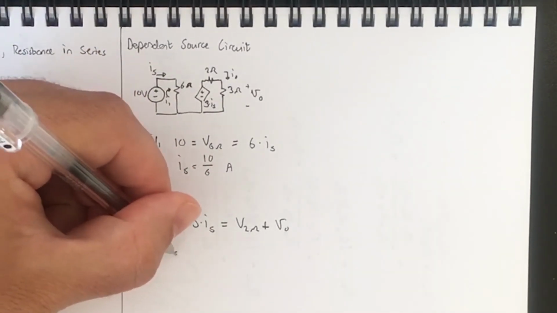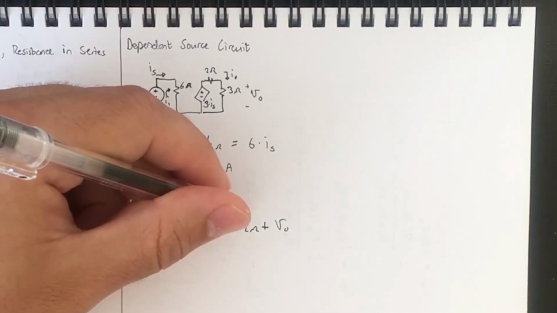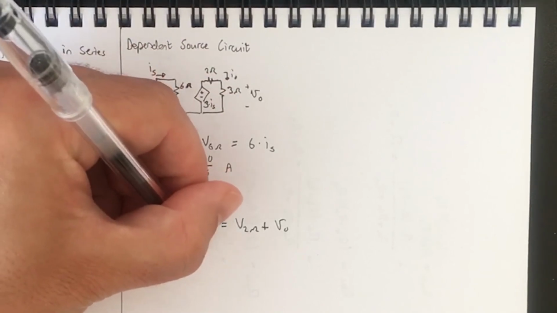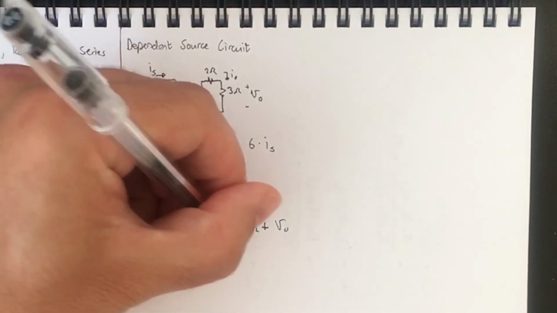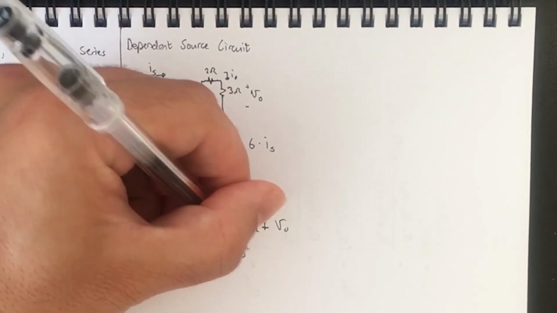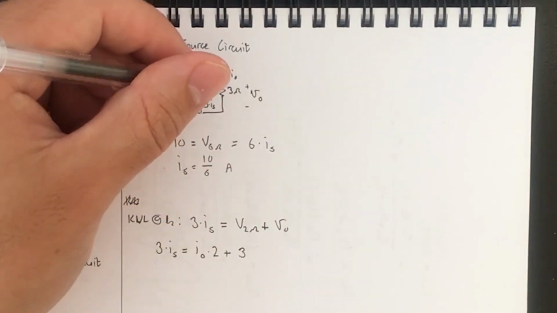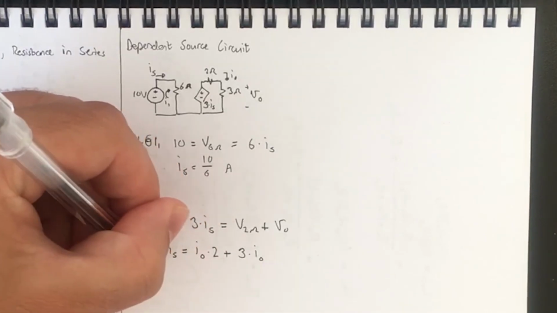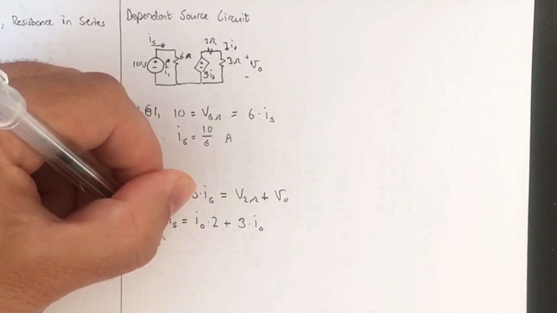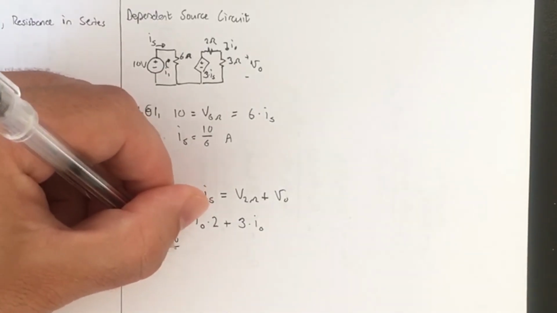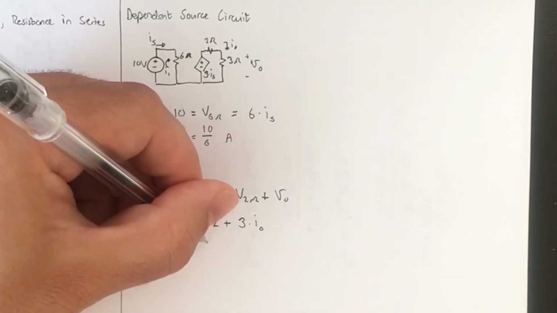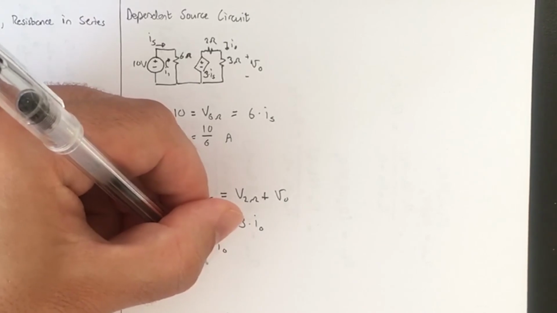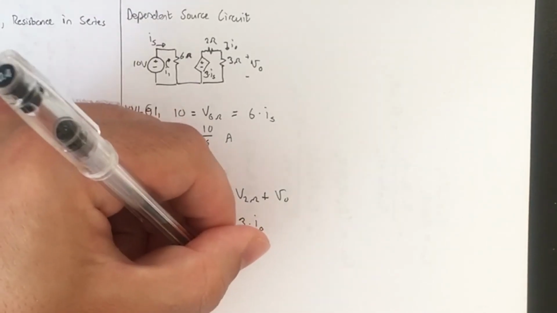Now we know that 3 times IS is V2 plus VO. V2 we can substitute Ohm's law, so we have I out times 2 as well as V out, which is 3 ohms times IO. So then we have 3 times IS, which is 10 over 6, equals 5 times IO. And IO simplifies to 1 amp.